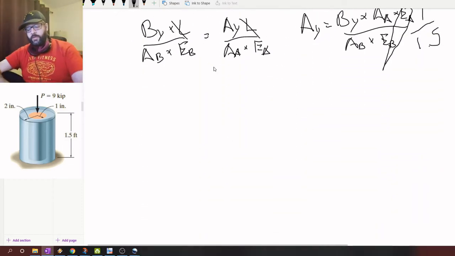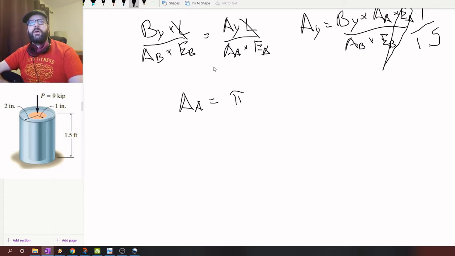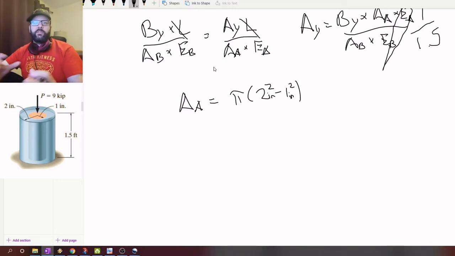So the cross-sectional area for the aluminum outside sleeve is going to be equal to pi times 2 inches squared minus 1 inch squared. So basically, taking the cross-sectional area of the entire thing minus the missing bit.